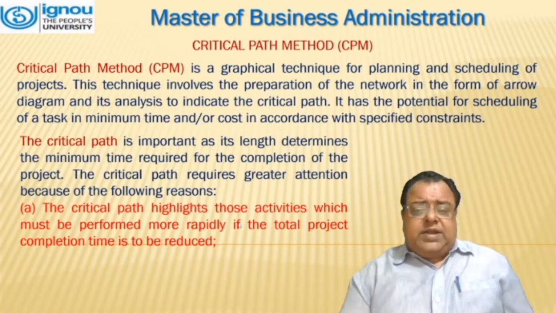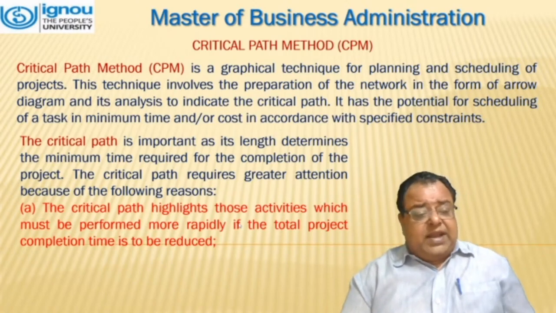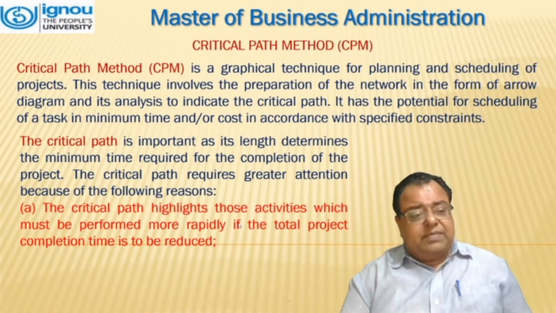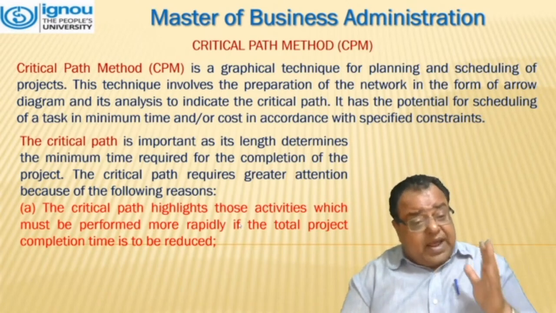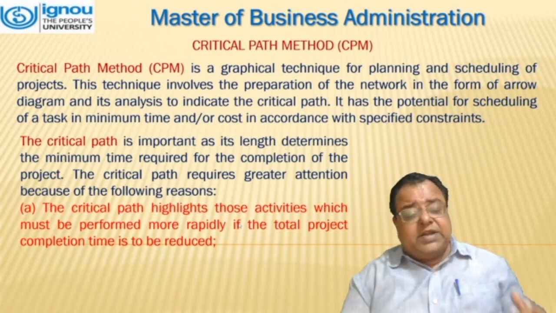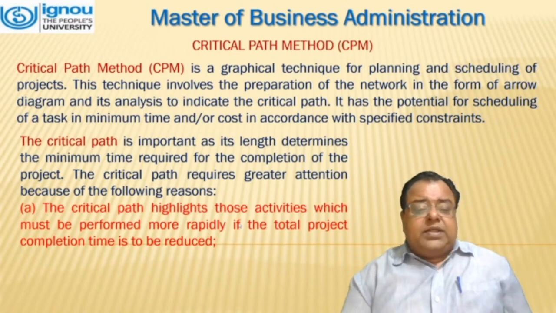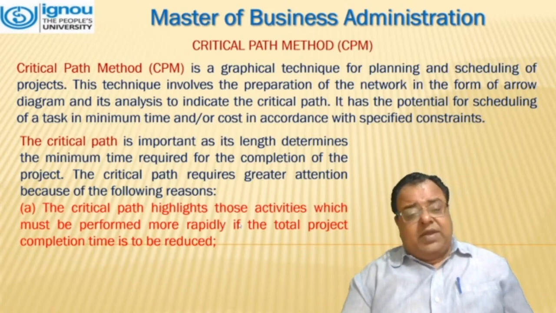It has the potential for scheduling of a task in minimum days and/or cost in accordance with the specified constraints. The critical path is important as its length determines the minimum time required for the completion of the project. The critical path requires greater attention because of the following reasons.